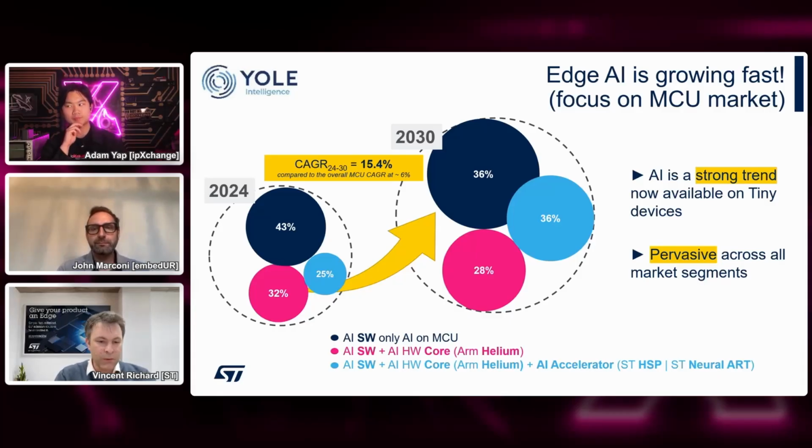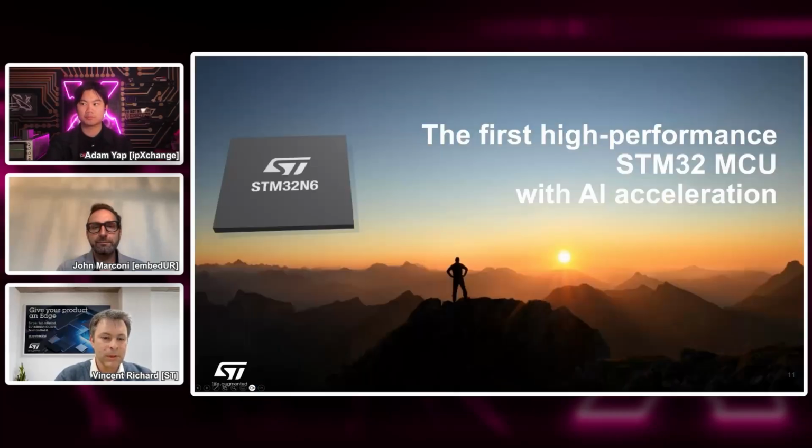So what I suggest now is that we have a look at the flagship microcontroller of ST for high performance AI, the STM32N6. Let's focus on this chip that is addressing the most computation intensive applications.